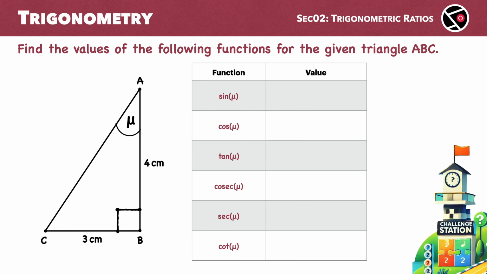We are working with the triangle ABC, and the task is to find the values of various trigonometric functions: sin mu, cos mu, tan mu, cosec mu, sec mu, and cot mu. Challenge time. Pause the video and give it a try on your own.